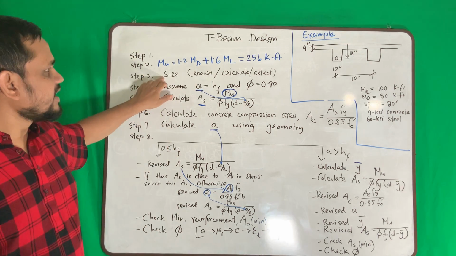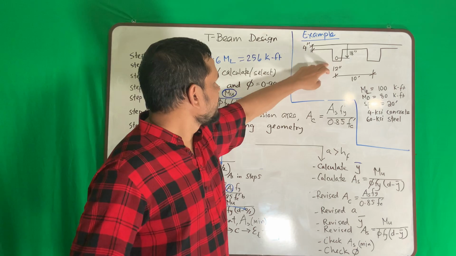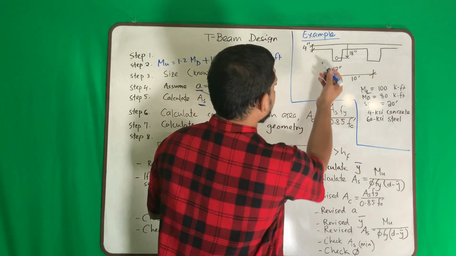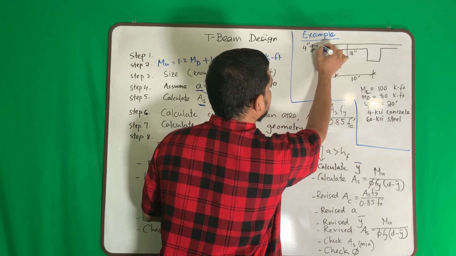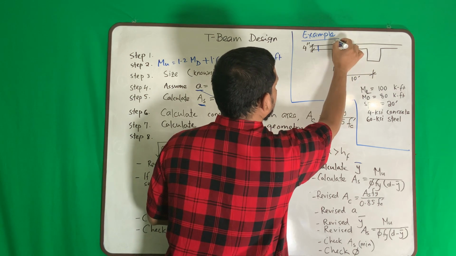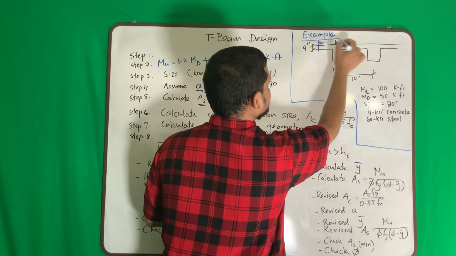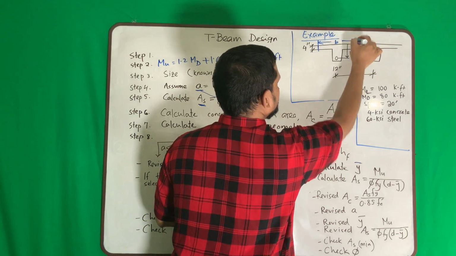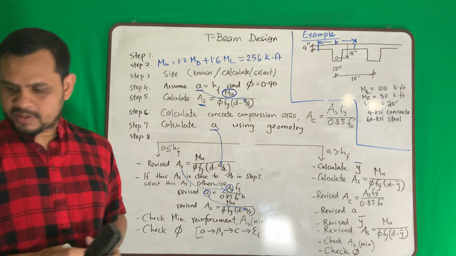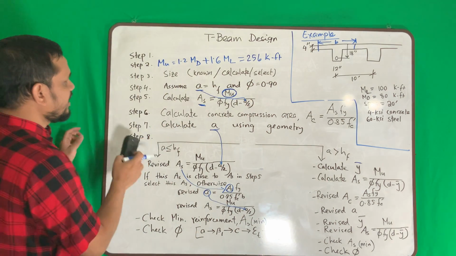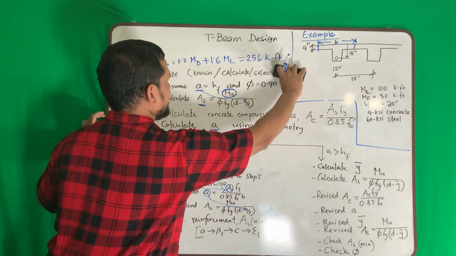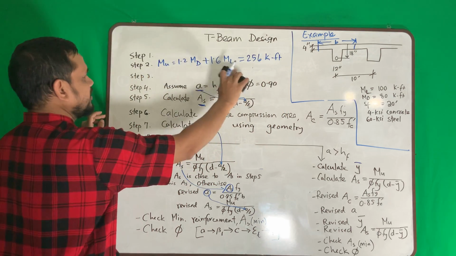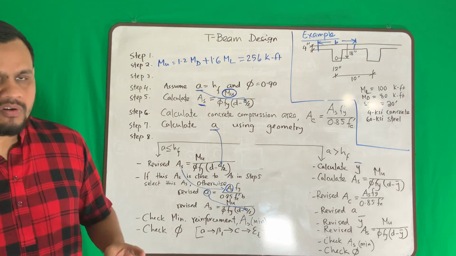Then it is all about size. We do not know the size of the T-beam. So here to here, what is my size of this? We do not know the size of the b. Okay, so we will find it. How to find it? We have 3 conditions.